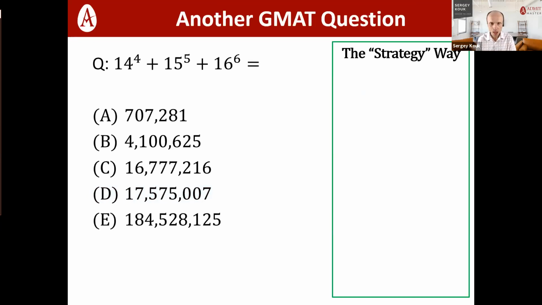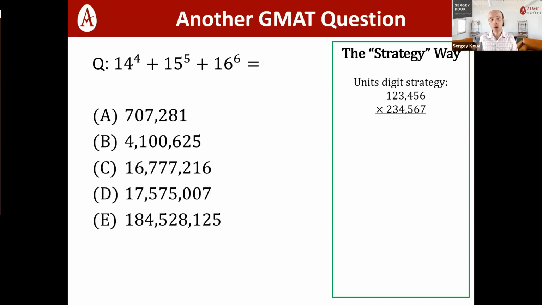So here's what we can do. We could say, okay, I could maybe avoid doing calculations by taking some shortcuts. And one of the shortcuts that we could take is what's called the unit digit strategy. The way the strategy works is, if I were to multiply any two numbers, so for example, I got two numbers here on the screen.